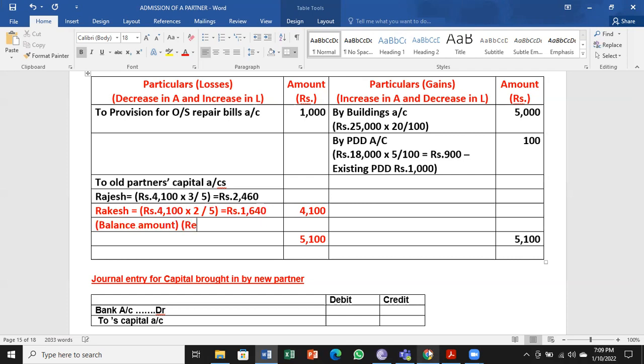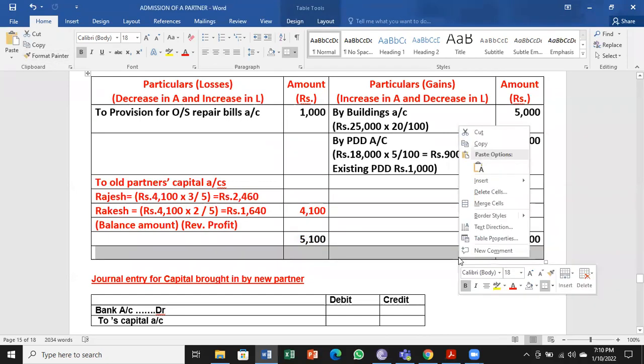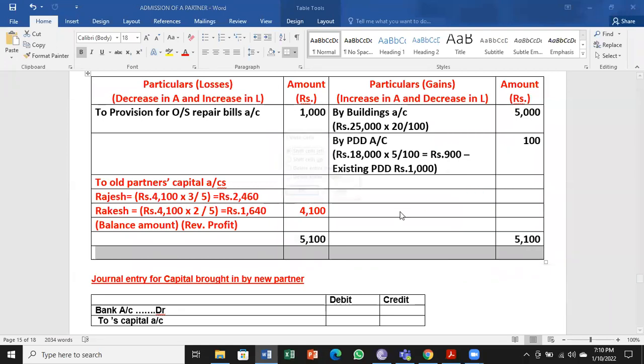This is nothing but revaluation profit, because credit is more, debit is less, so it is revaluation profit.